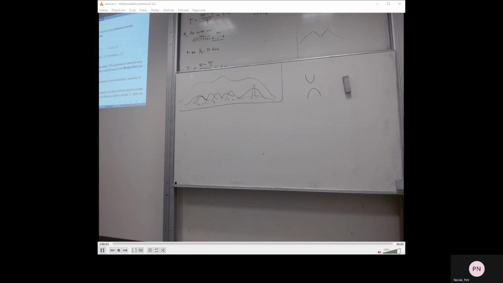And for the Old Faithful, we can assume that those are two Gaussian distributions at work, one occurring with probability p, and the other one occurring with probability of 1 minus p.